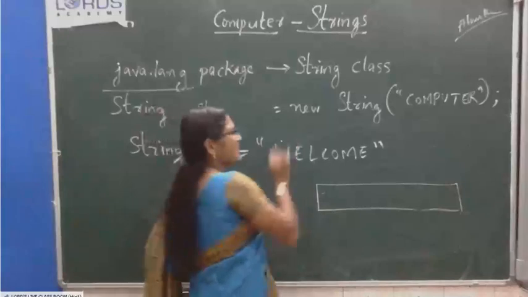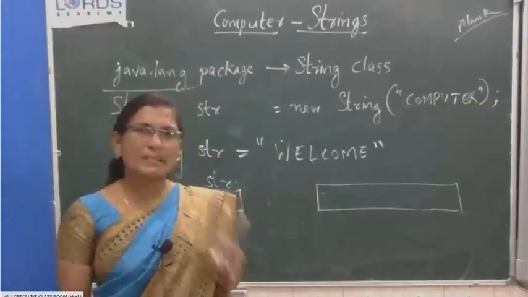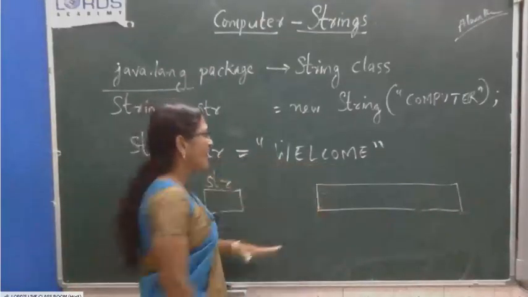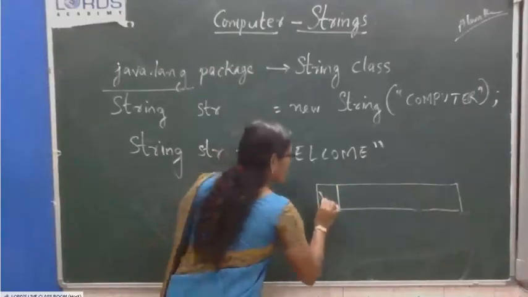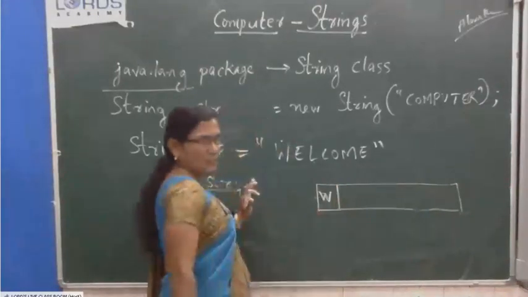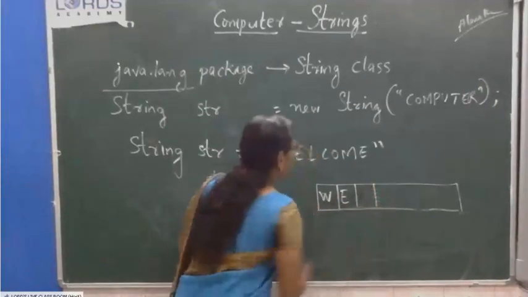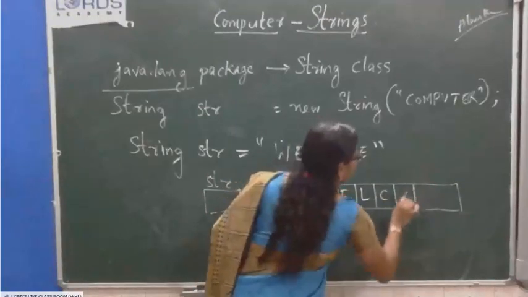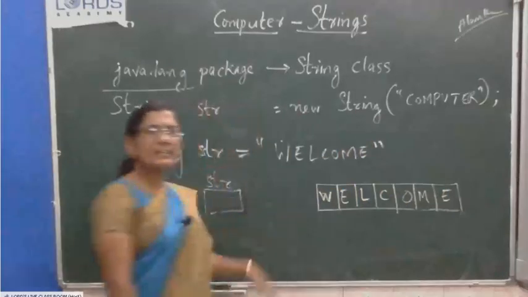For storing a single character, how many bytes are required? 2 bytes will be reserved for storing a single character. So, to store each character, separate character storage locations will be reserved. W will be stored in the first location, in the second location E, in the third L, then C, then O, then M, and in the last storage location E is stored.